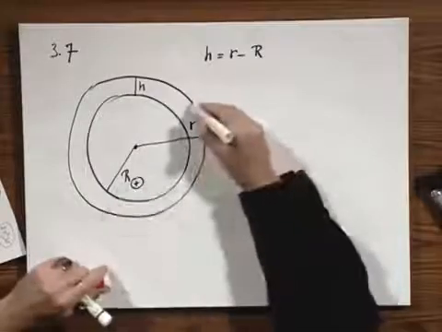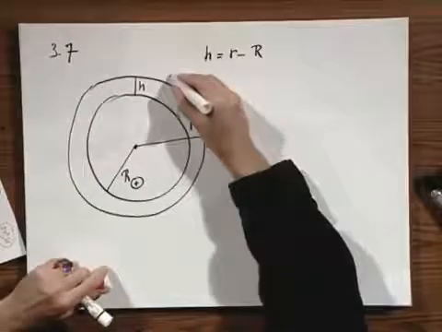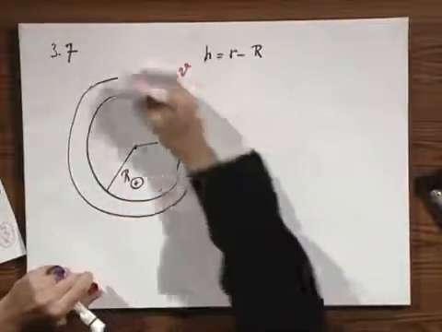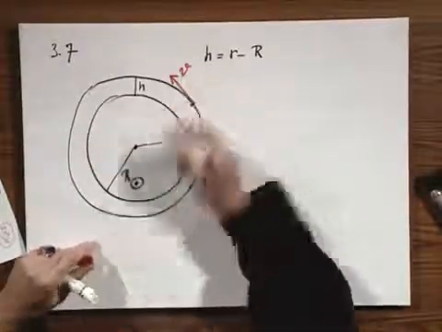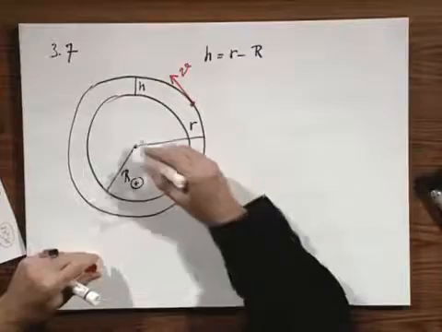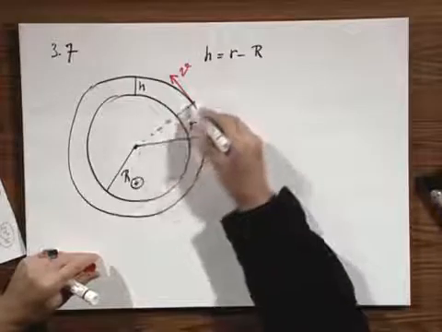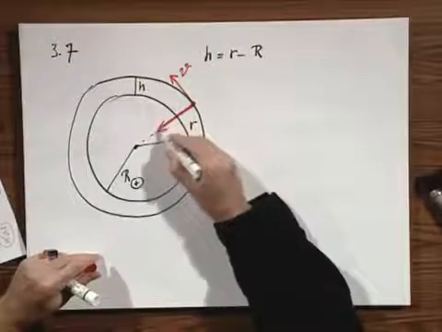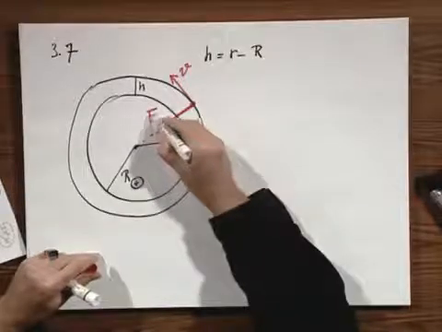Here is the satellite, and here is its velocity, and let's assume that it's a circular orbit, so the magnitude of v is constant. Clearly, there will be a force pointing exactly towards the center of the Earth. Let's call that force F.